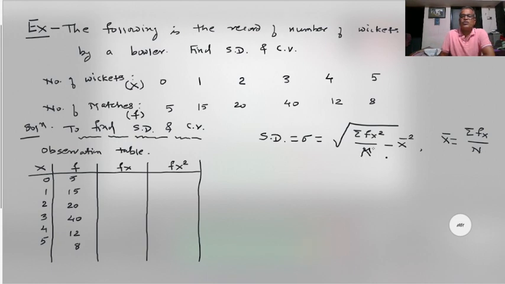And coefficient of variation is sigma divided by x bar into 100.